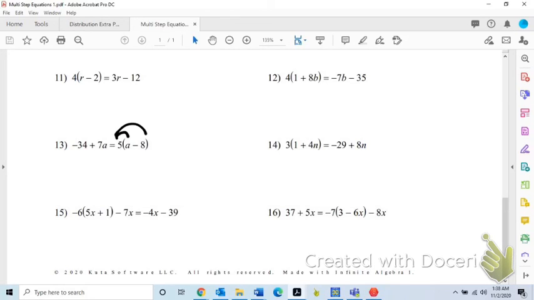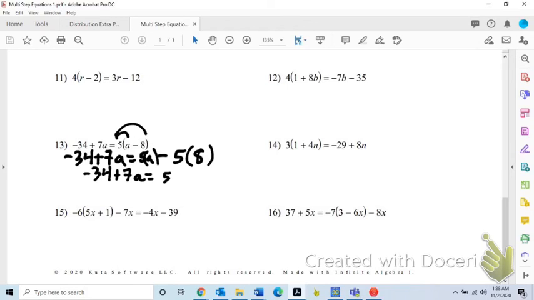So we have now negative 34 plus 7a equals 5a minus 5 times 8 is 40.